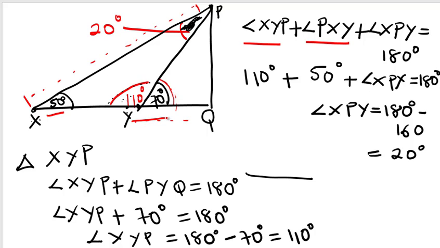And how do we do that? If you want to find YQ, then let's consider triangle XPQ. So let's consider this particular triangle.